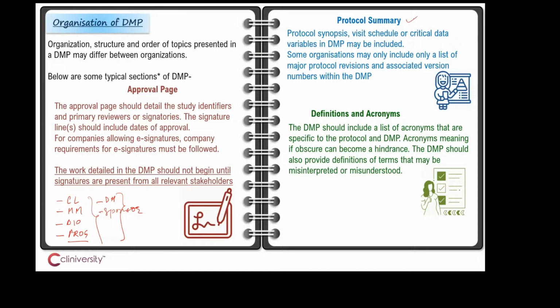So right at the start of the DMP document, they'll say that CRF stands for case report forms. By putting this there, they ensure that the meaning is not mistaken. There are no confusions in understanding the meaning of the acronyms.